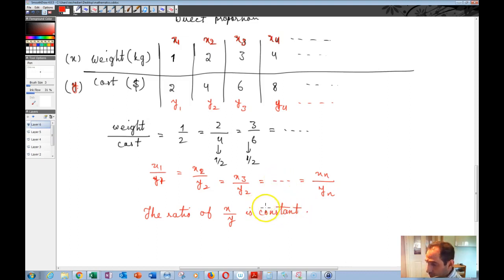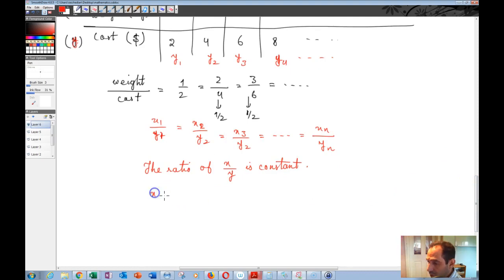And since it's a constant, you can of course say that x to y is equal to some constant k, and then you can rewrite this as x is equal to y times k, or x is equal to k times y, where k is basically some constant.